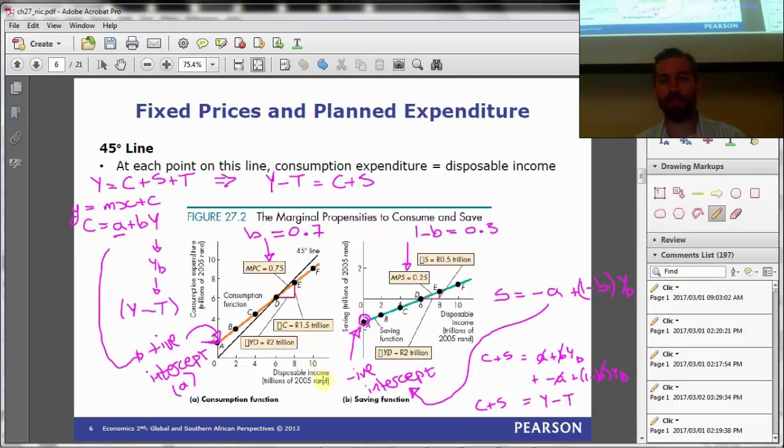Y is our X variable, which sounds confusing. C is our Y variable. In other words, it's on our Y axis. So plotting consumption against disposable income, we have an upward sloping linear function. It's got a positive intercept given by A. It's got a positive slope given by B. That slope is less than 1. The savings function is, in a sense, the inverse of that consumption function.